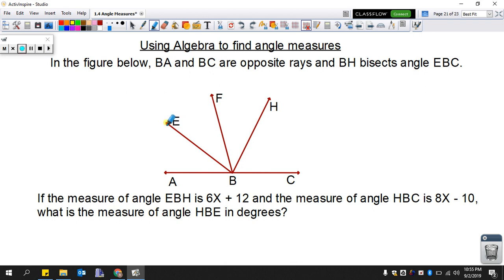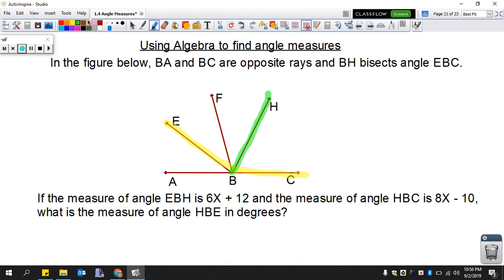So if we have EBC, and we're given that BH bisects it, now, if you remember from that definition I just gave you, bisector means it cuts it exactly in half. All right? So it says here that EBH is 6x plus 12, and HBC is 8x minus 10.